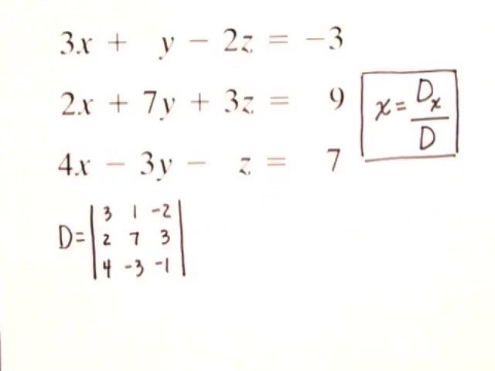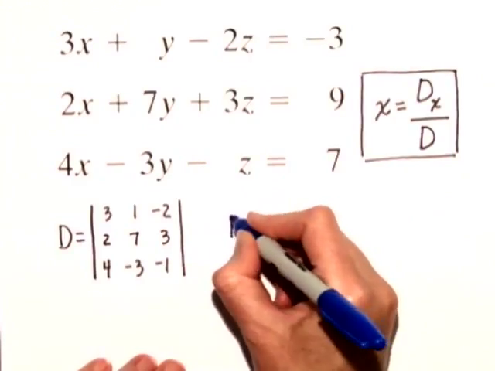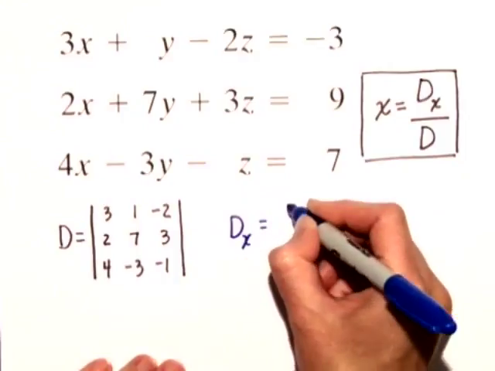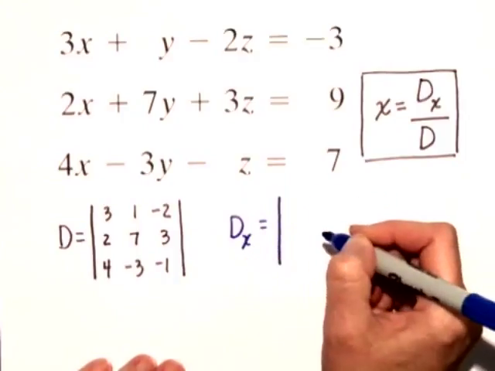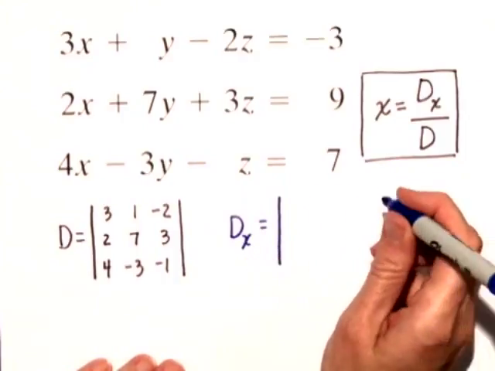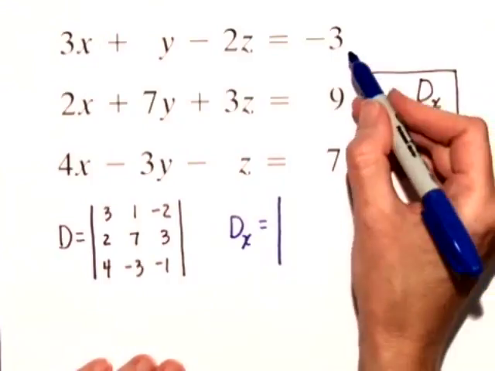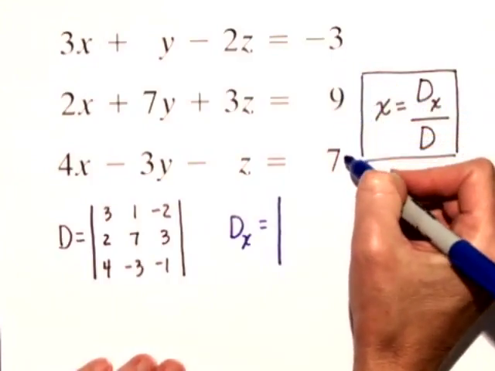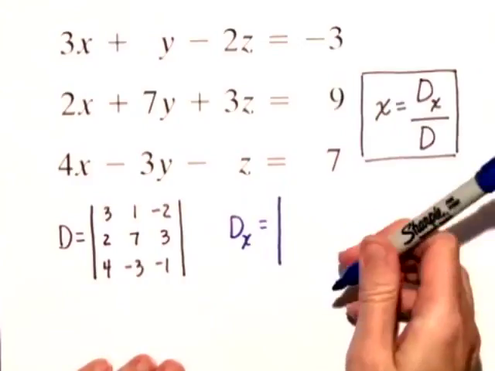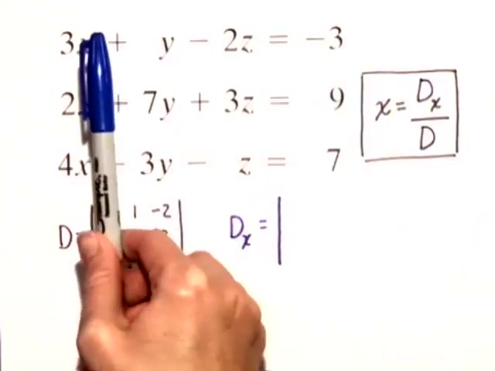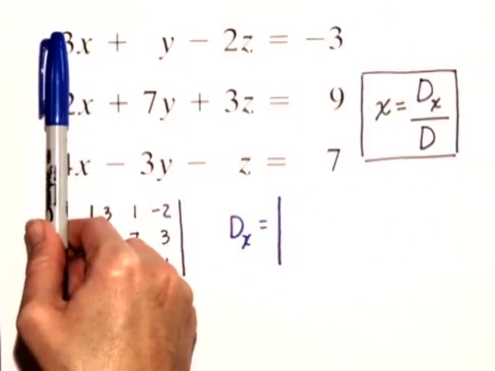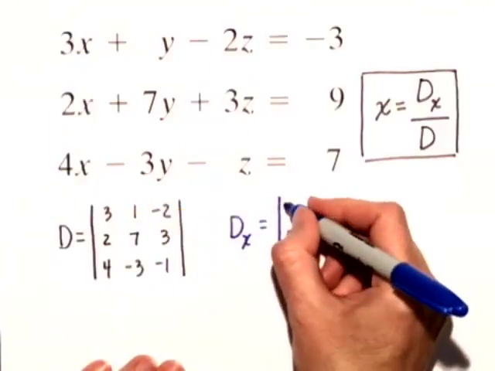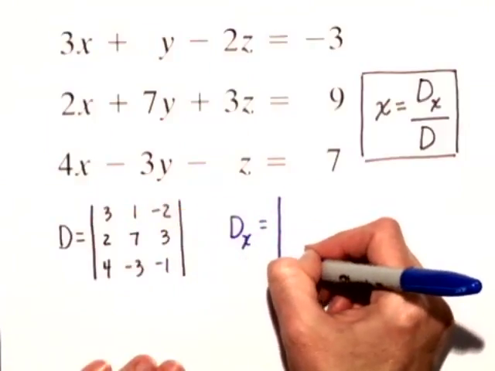d sub x is a little bit different. In order to calculate d sub x, it's again another determinant, but what we need to do is to take these right-hand side constants, negative 3, 9, and 7, and actually take them and replace them with our coefficients for x on the left-hand side. So they'll go in the first column where the x coefficients were.